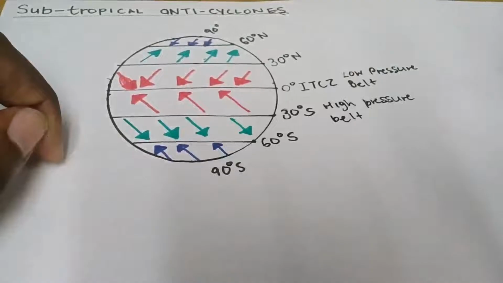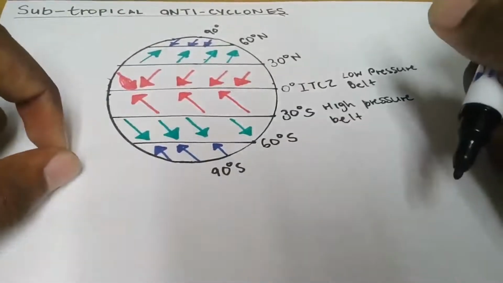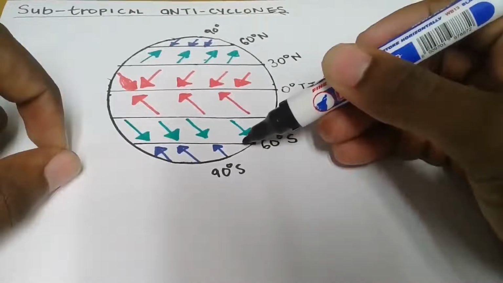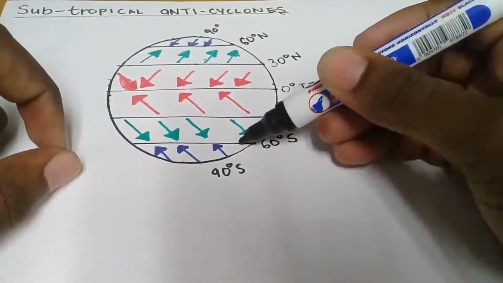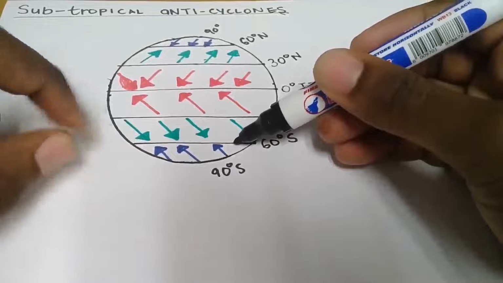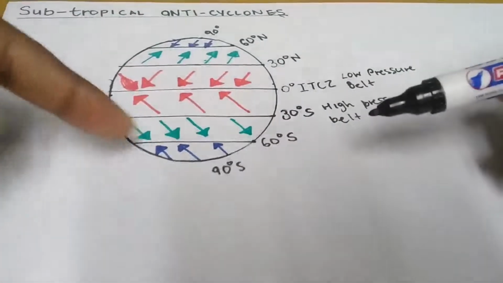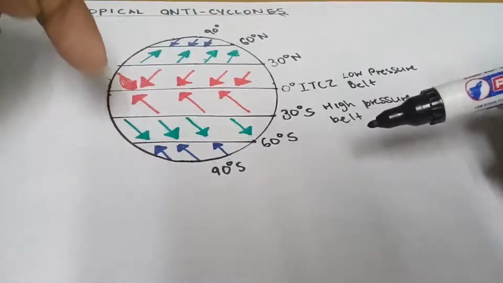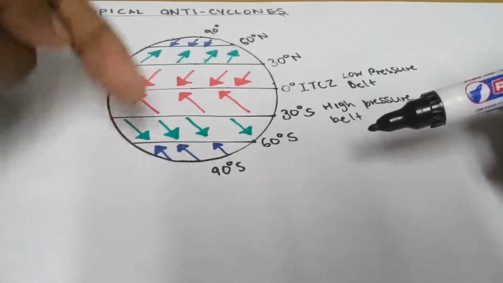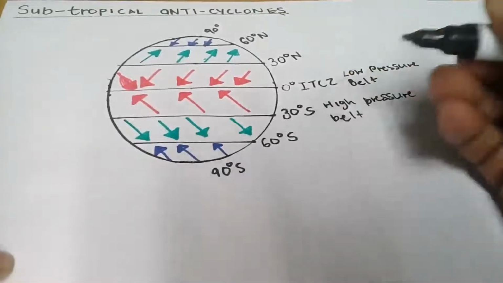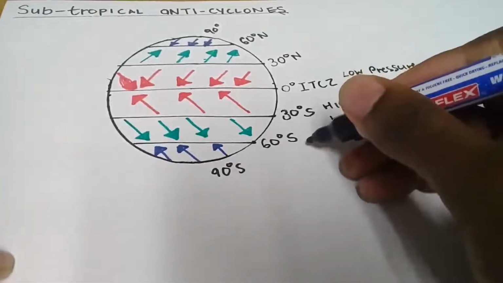Next is where our mid-latitude cyclones form, in the polar front. Here you can see there is convergence between the polar easterlies and the tropical westerlies, causing a low pressure belt.